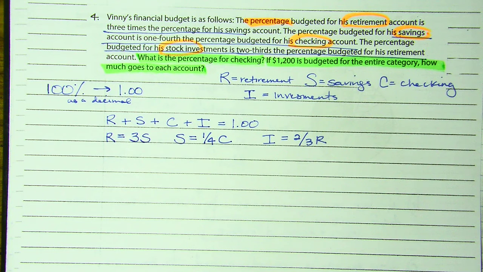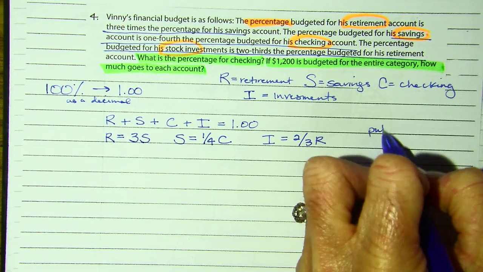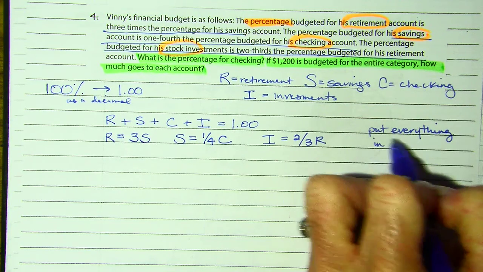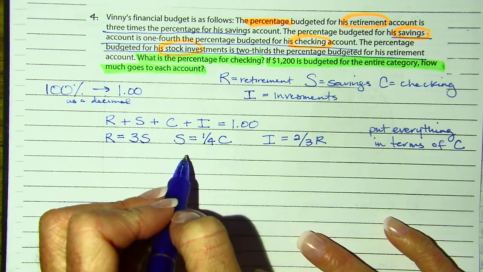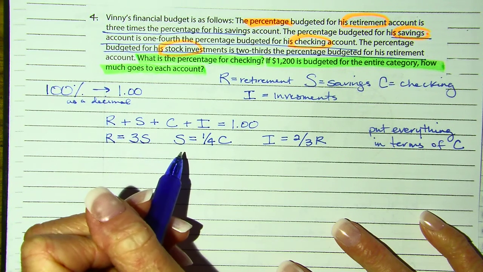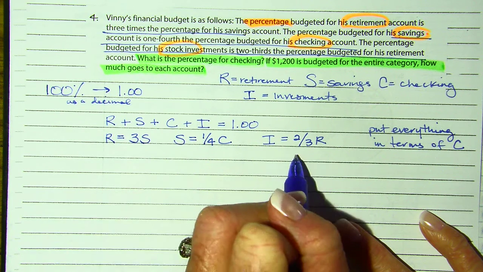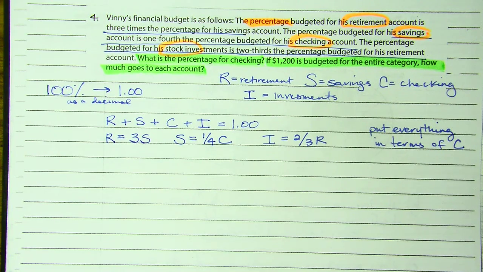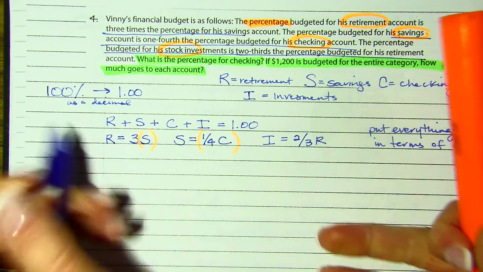Whew! All right, so first, since they're wanting checking, I need to rewrite this so that everything is in terms of C. Okay, so I'm going to start here. This is already in terms of C. So I need to get I and R in terms of C. And that's going to be pretty easy, because I'm going to use substitution. I know that S equals 1/4 C. So I'm going to plug that in here.